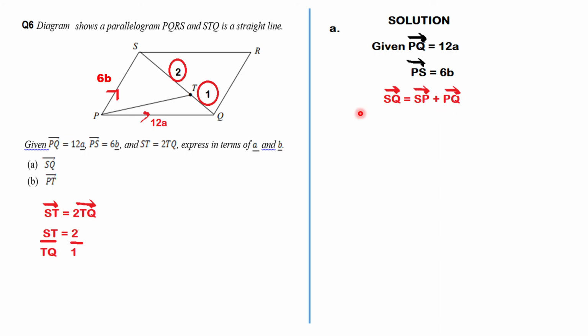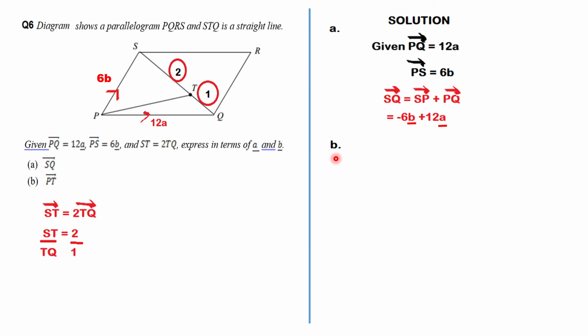SP is moving in opposite direction of vector PS, therefore it will be negative 6b, plus PQ, which is 12a. You can rearrange it as 12a minus 6b.